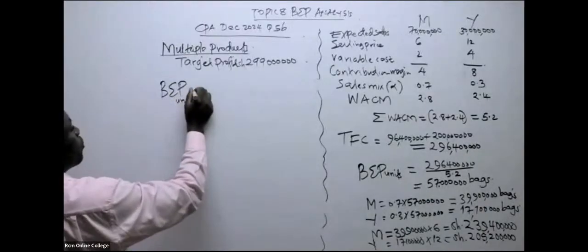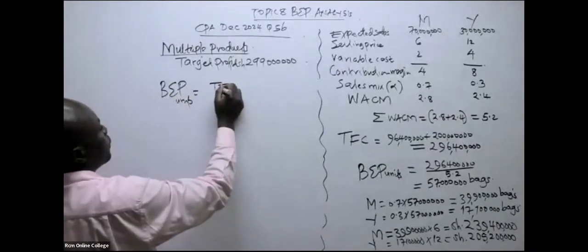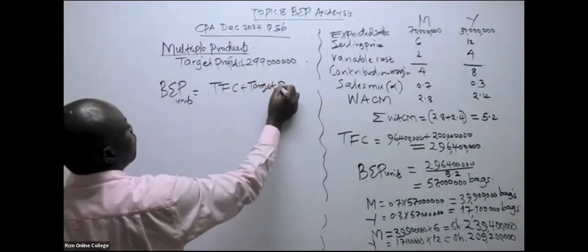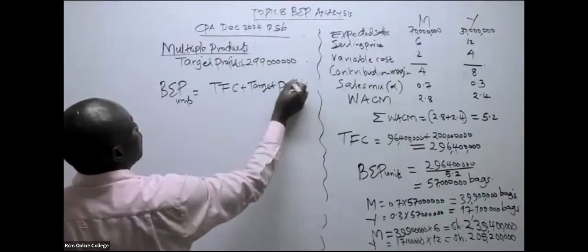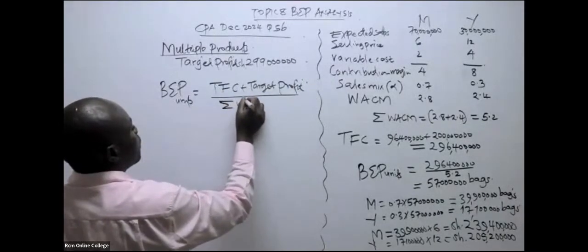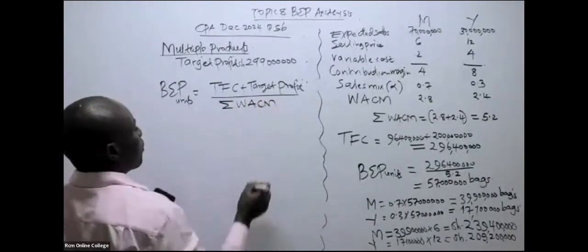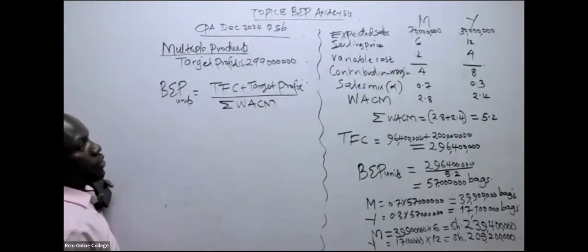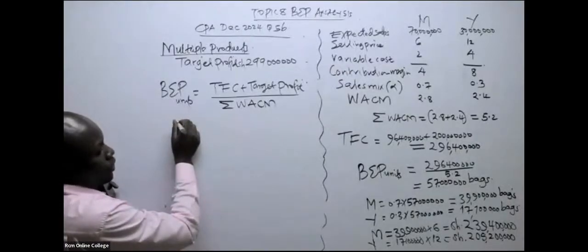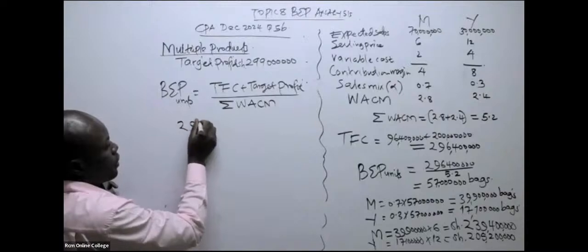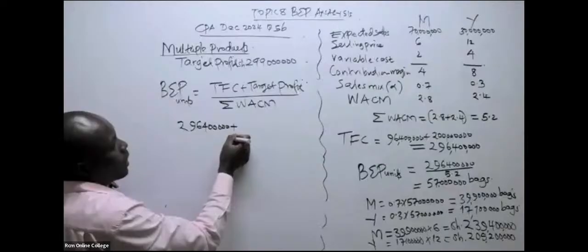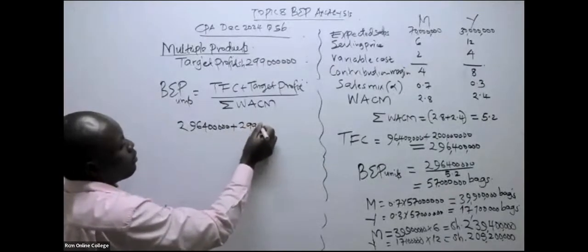It will be total fixed cost plus target profit, then all of this you divide by the summation of weighted average contribution margin. So do we have total fixed cost? Yes, we have 296,400,000 plus target profit of 299 million.